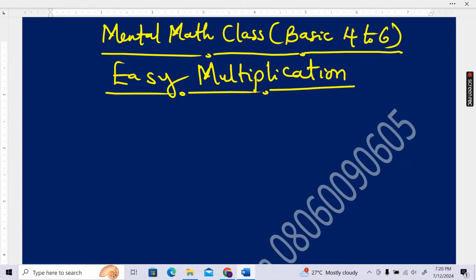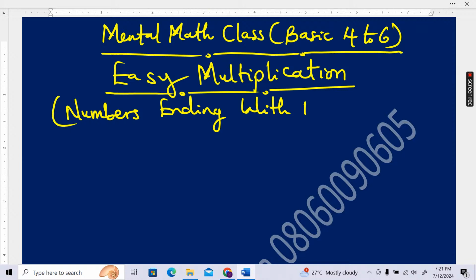This mental math strategy is only applicable to multiplying numbers that end with 1. We are applying this method to multiplying two-digit numbers ending with 1.